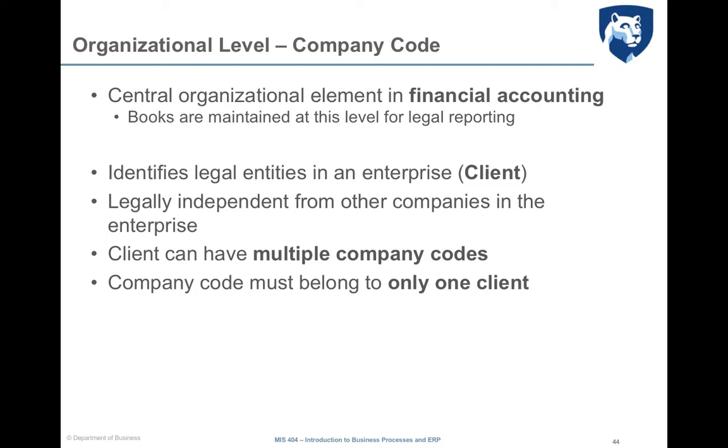And of course, these financial statements are required for legal reporting purposes and need to be maintained at the company level. Of course, a client can have multiple company codes, but a company code must belong to only one client.